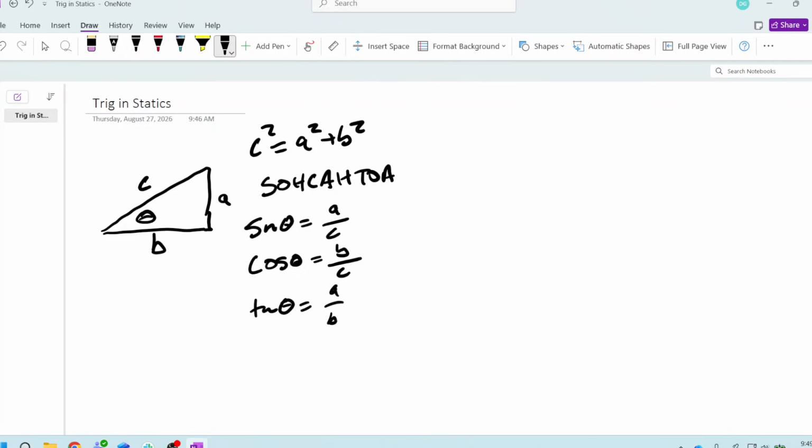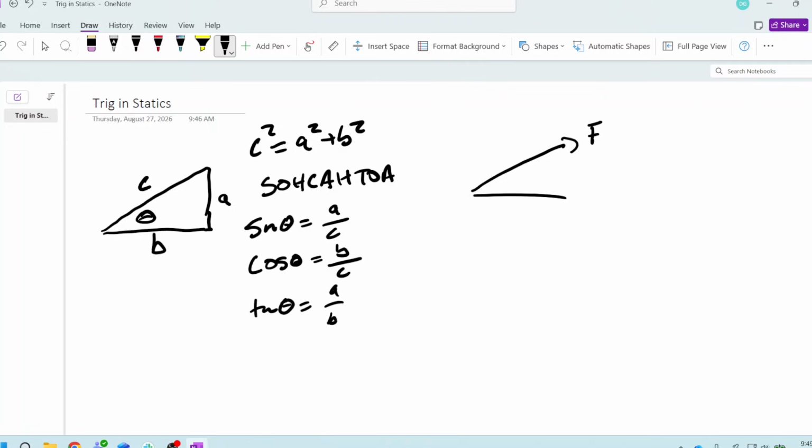So that's trig. But one of the things we see in statics is that we care about forces. We'll get to some other stuff, but for the most part, we have just some force. And a force is a vector, so it's got an arrow, it's got a direction and a magnitude, and let's call the magnitude F. And so now I said you gotta draw your own triangles. So in our problems, we gotta draw our own triangles.